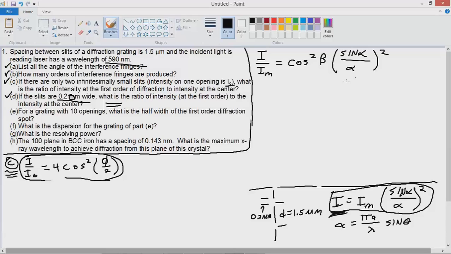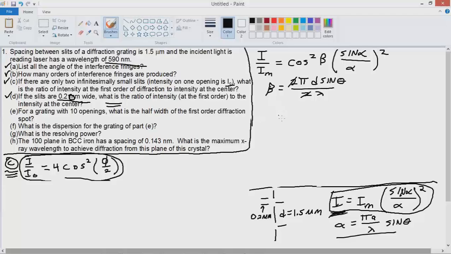And we just have to crunch numbers. Alpha is given here. Beta is phi over 2, which is 2 pi d sine theta over 2 lambda. Well, the 2's cancel out, and that's what beta is. It's phi over 2. Now we just crunch numbers, where this is the first diffraction spot.